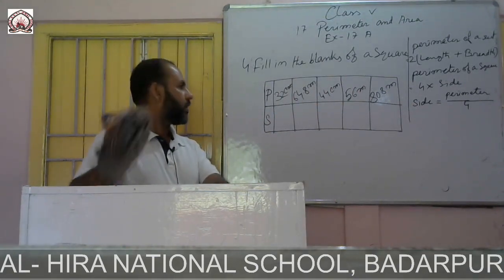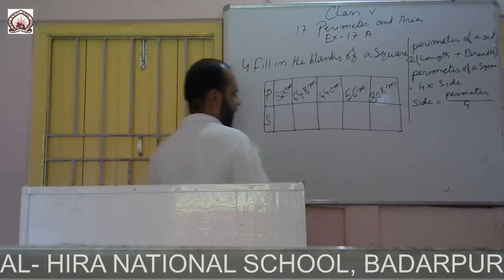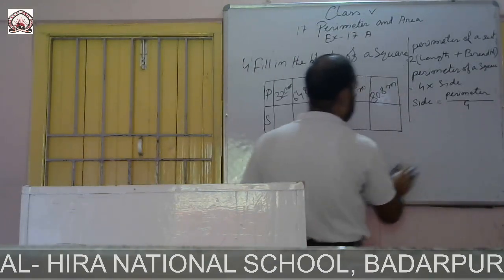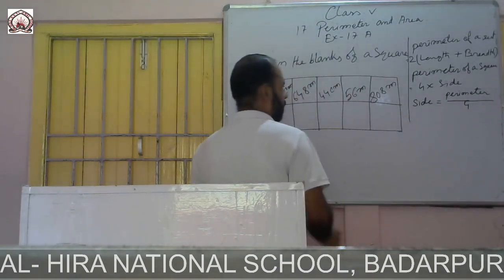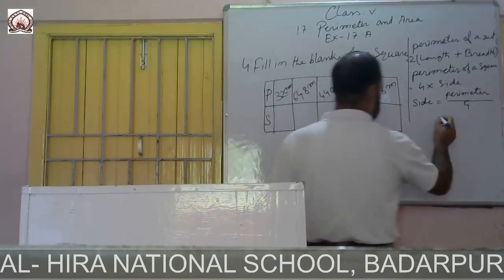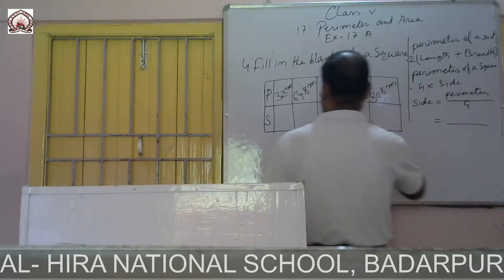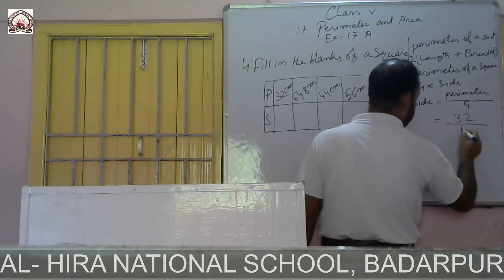So here perimeter is given, we take out the side of a square. So we know side of a square equal to perimeter by 4. So we write here perimeter equal to 32 by 4.